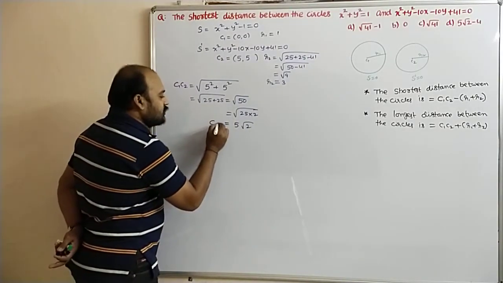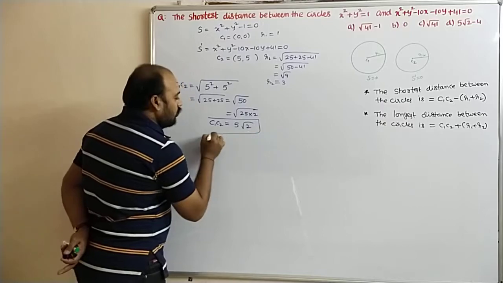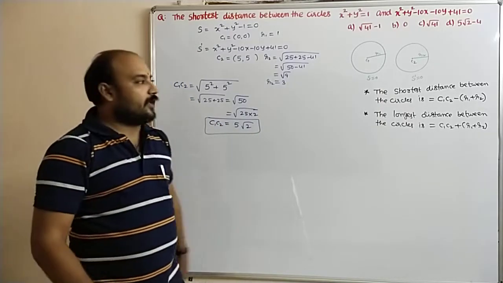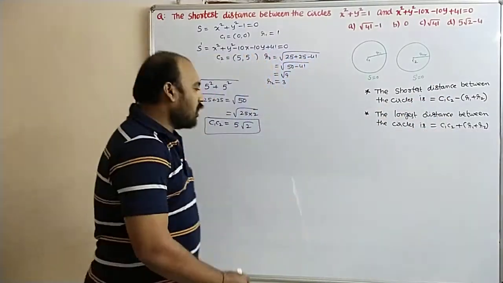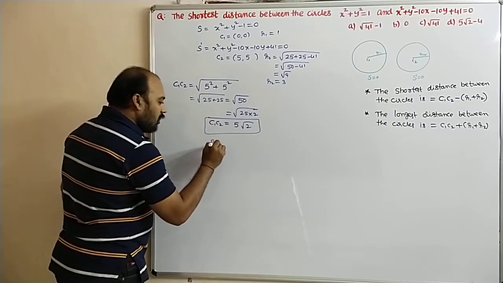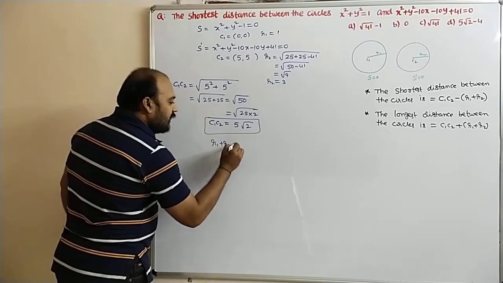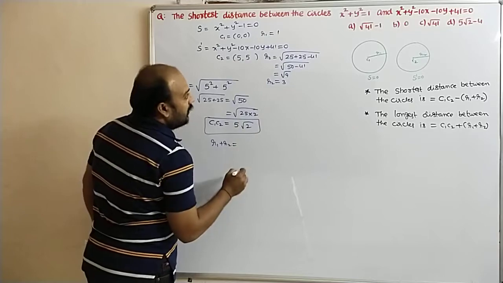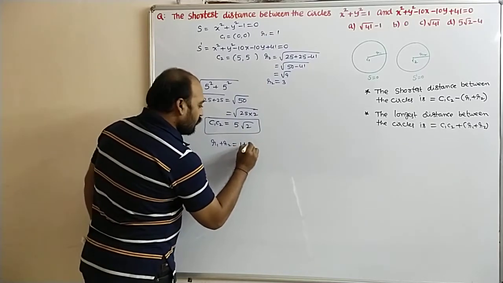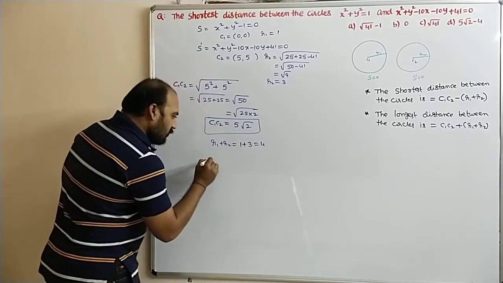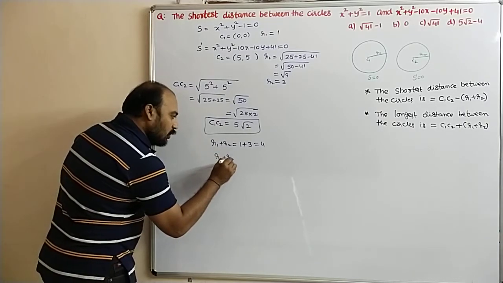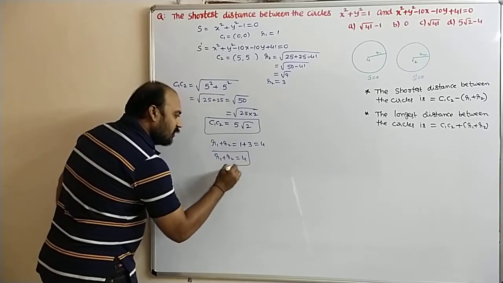Therefore C1 C2 is equal to 5 root 2 and we have to calculate the sum of the radii. R1 plus R2 is equal to 1 plus 3 which is equal to 4.